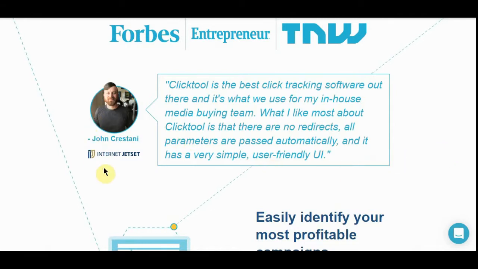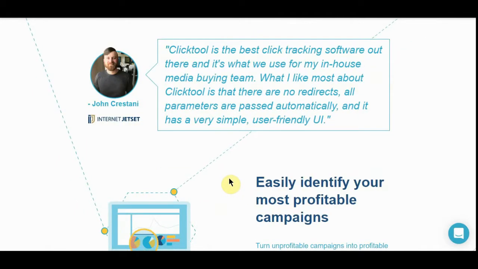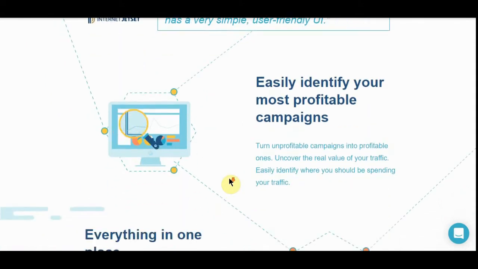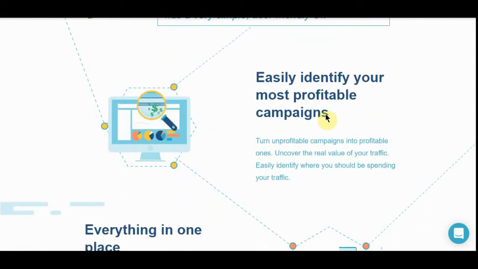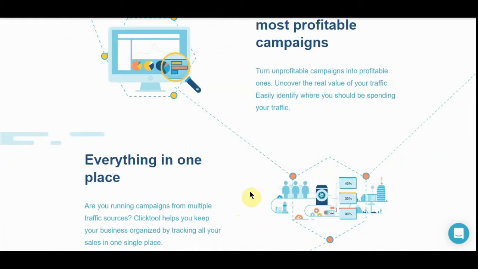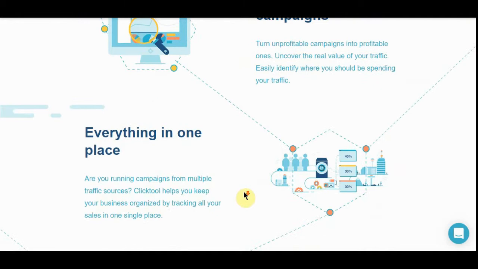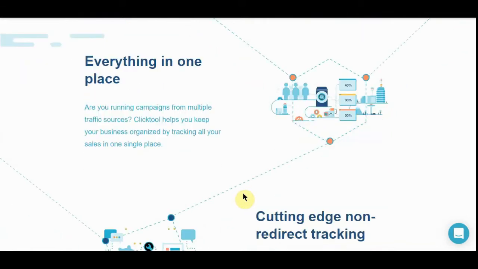Here you got John Crestoni talking about it, who is one of those super affiliates out here. Easily identify your most profitable campaigns, turn unprofitable campaigns into profitable ones, uncover the real value of your traffic, easily identify where you should be sending your traffic, everything in one place, running campaigns from multiple sources.